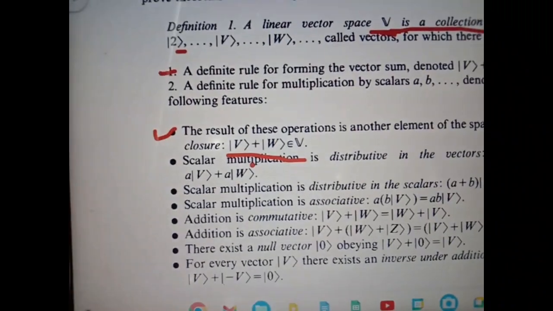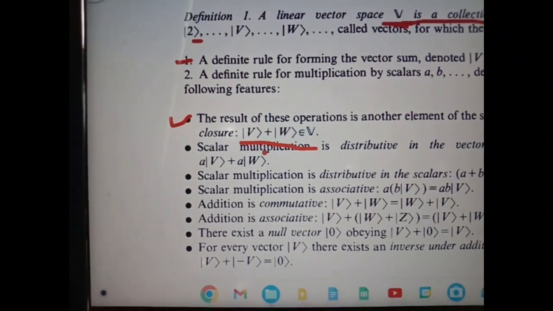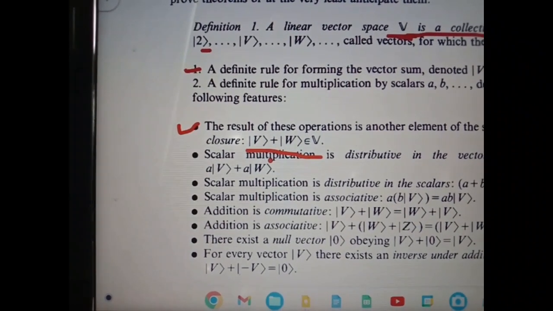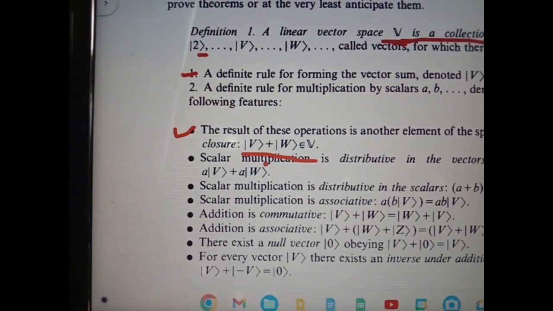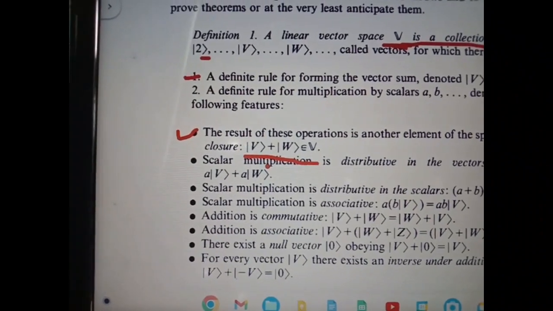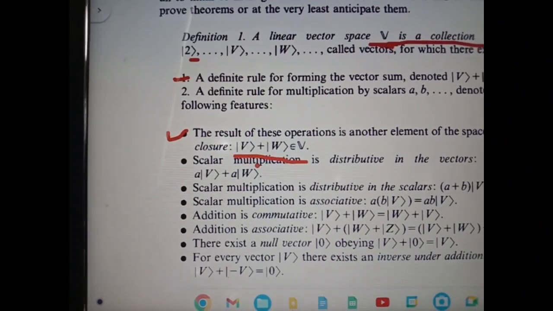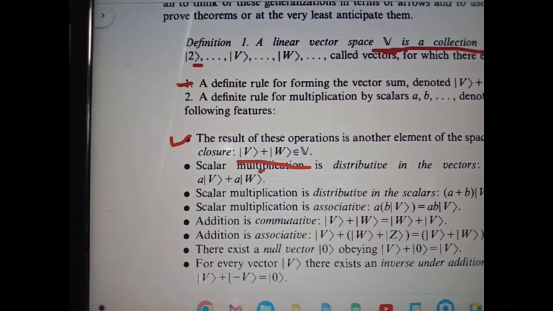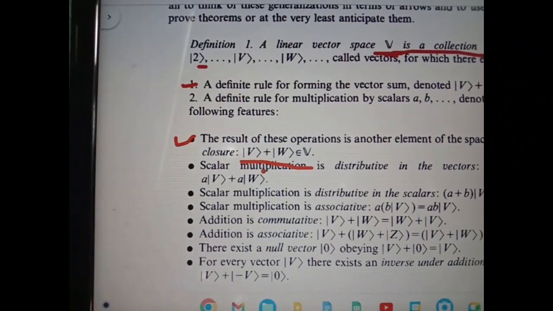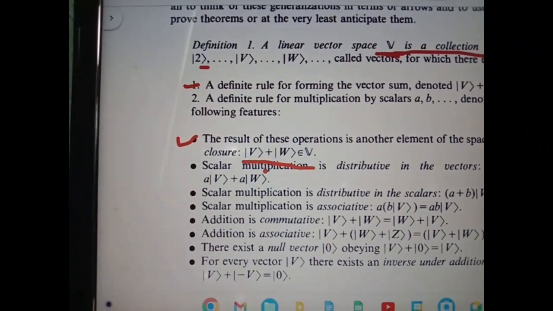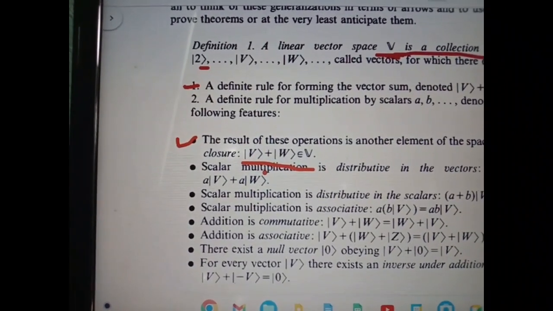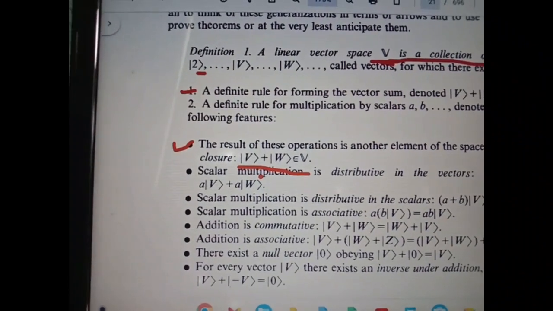We have two vector spaces, V and W. What I said earlier is that a vector space is nothing but a collection of vectors. So if we have two vector spaces V and W, and we add them, the result is another element of the universal set of vector space.